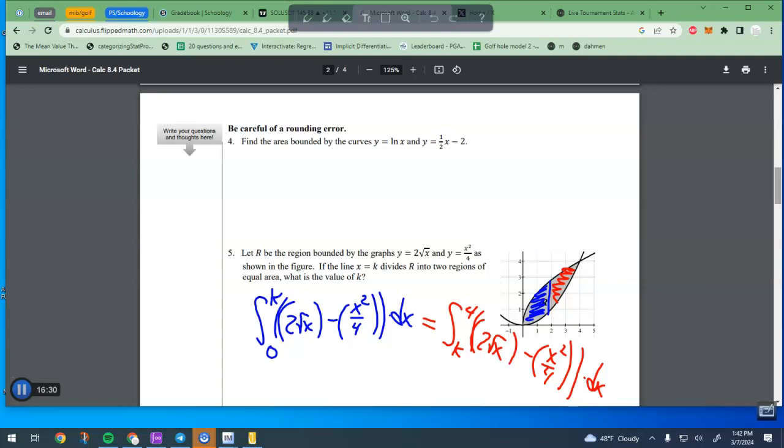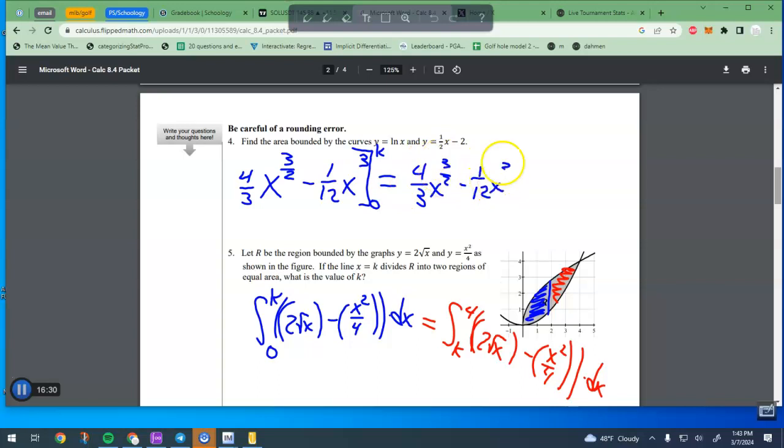If I did want to solve it, what I would have to do is integrate this, which would be 4/3 x to the 3/2 minus 1/12 x to the third from 0 to k equals the same thing from k to 4. And I think maybe you start to see why this is a pain.